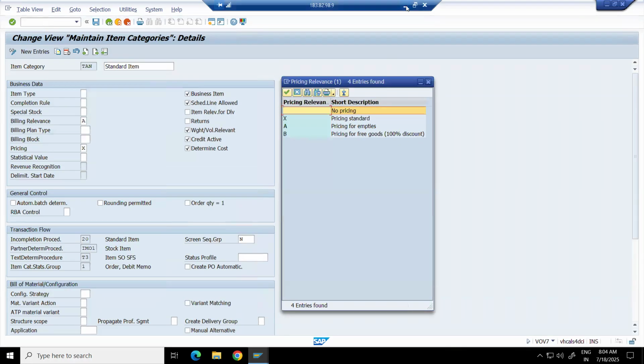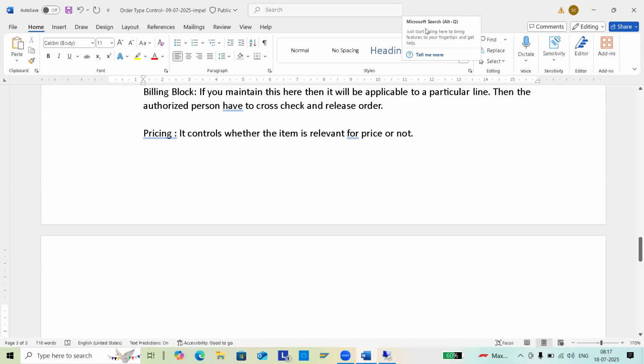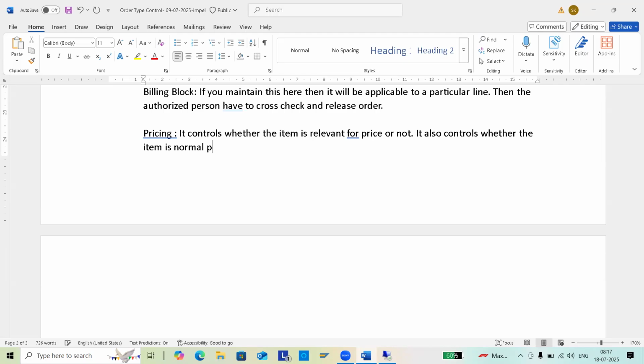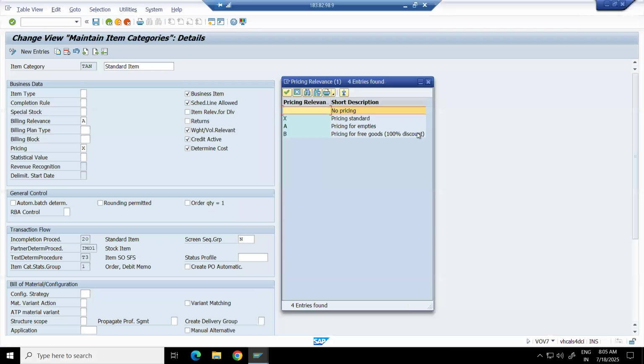It also controls whether the item is a normal price or free goods price. Okay. Now, what next?